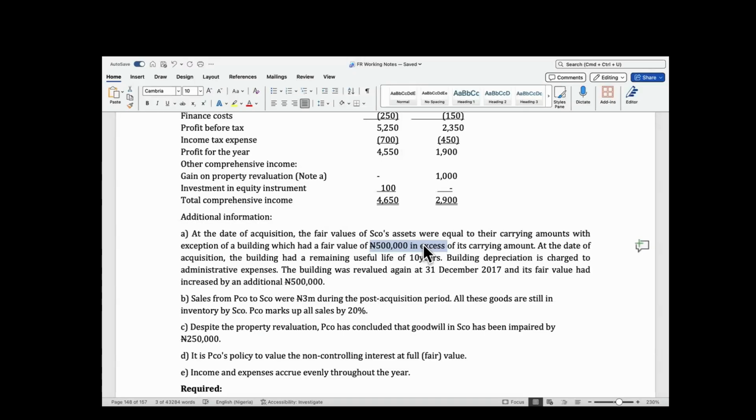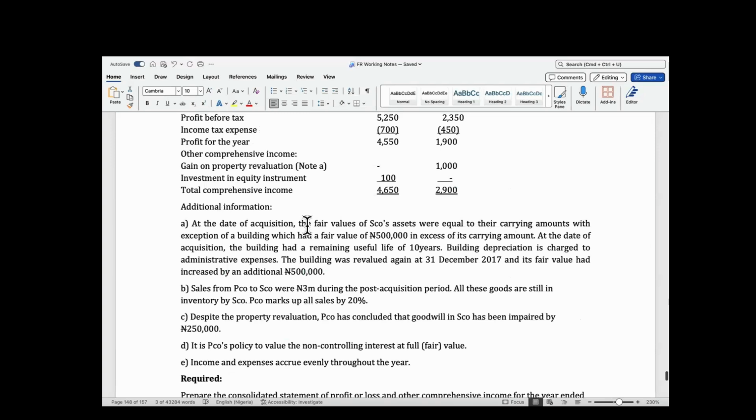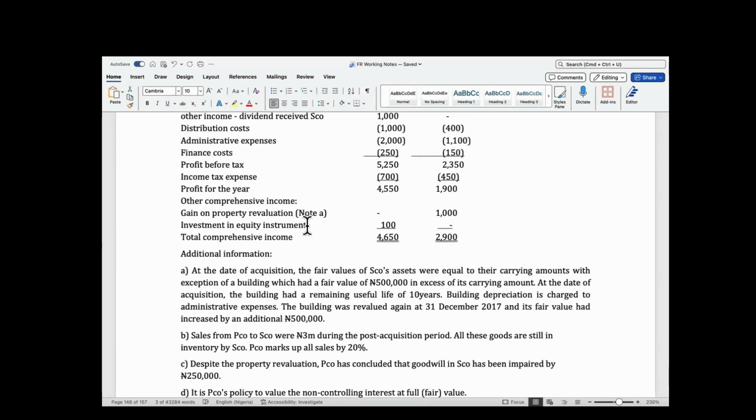We acquired it in July 2017, so we need to calculate the under-depreciation, which is 500 divided by 10. That gives me annual depreciation. Since this is just 6 months, you prorate it by 6 months.